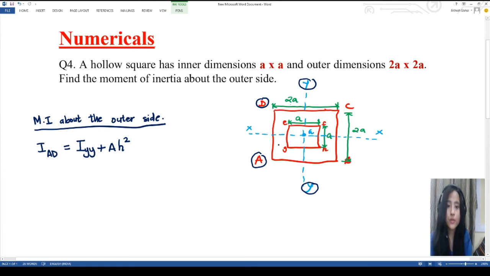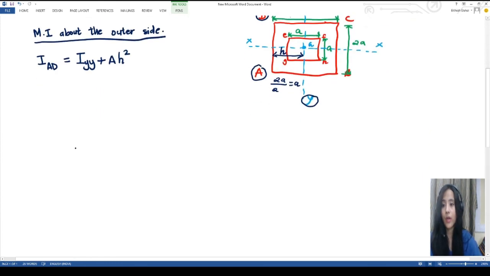So what is the perpendicular distance between the two axes? It will be from this to this. This will be the distance. So what will be this distance? It will be equal to 2a divided by 2, which will be equal to a, right? So let us find one by one.